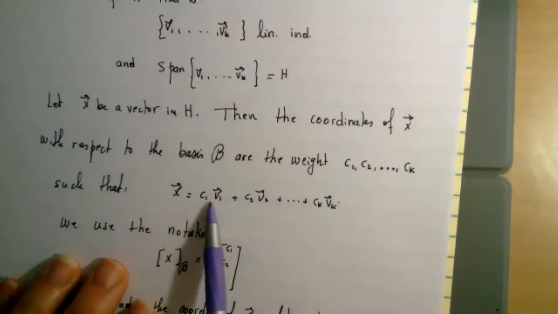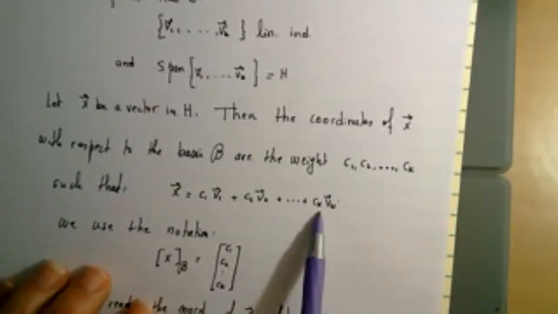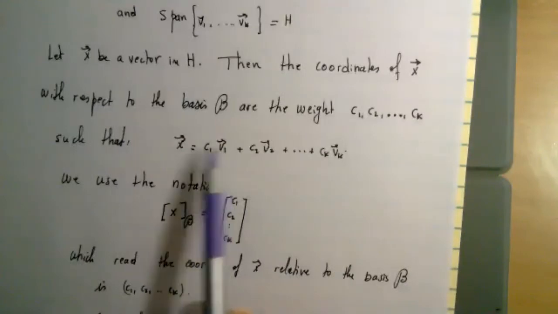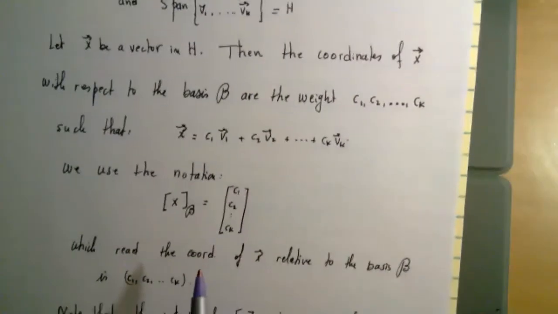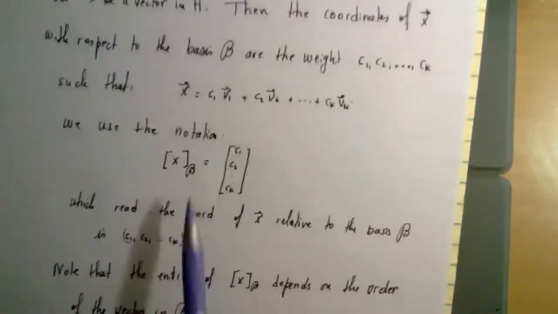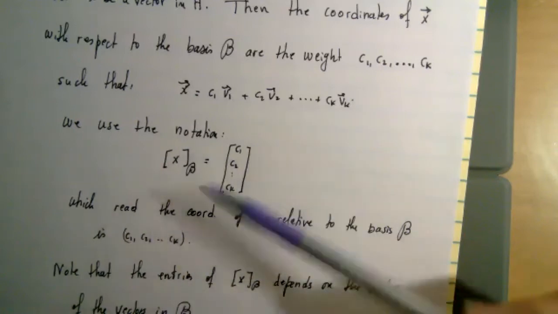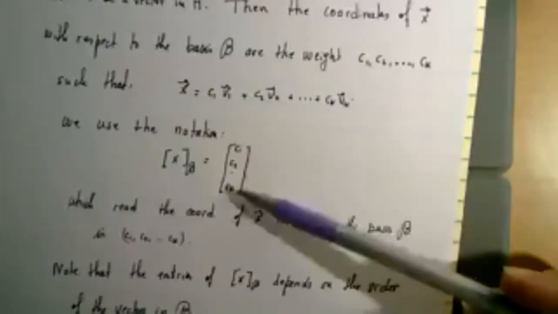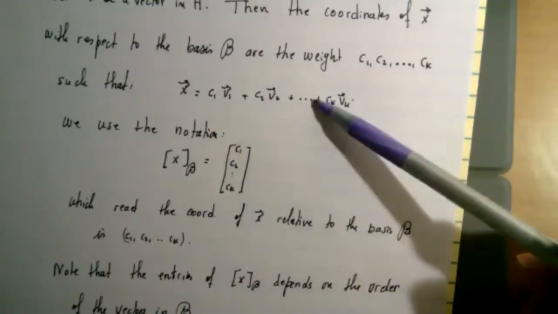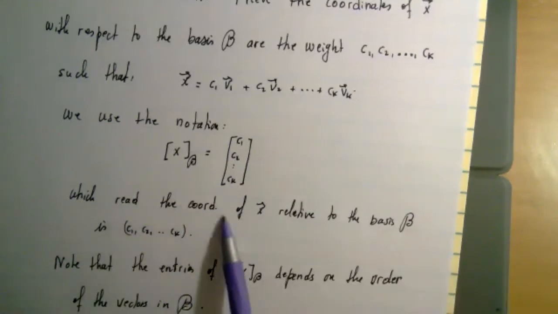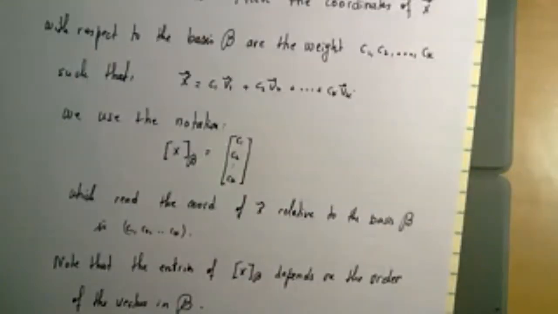The weights, C1, C2, and CK, will be called the coordinates of the vector X with respect to the basis B. And how do we write this? We write X bracket B. The coordinate of X is C1 through CK. Those are the weights. And this is read as the coordinate of X relative to the basis.